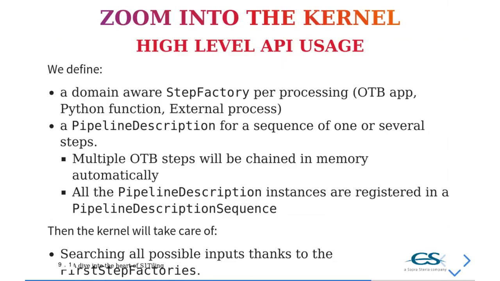If I have multiple step factories that are OTB applications, they will be chained in memory automatically. And then I'll register all the pipeline descriptions in the pipeline description sequence that is the main object. And then the kernel will take care of searching all the possible inputs and of generating the directed acyclic graph of tasks that can be used by Dask.